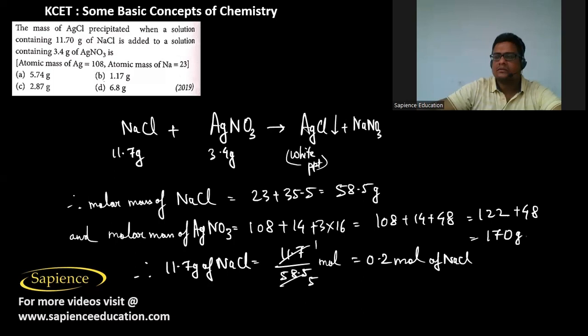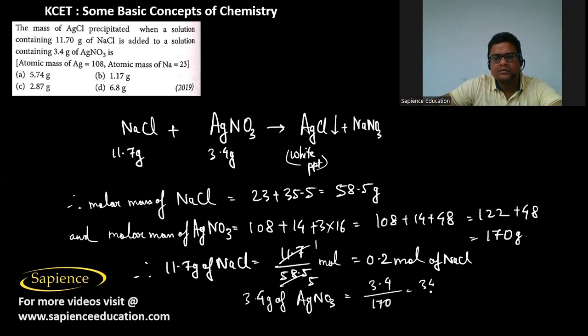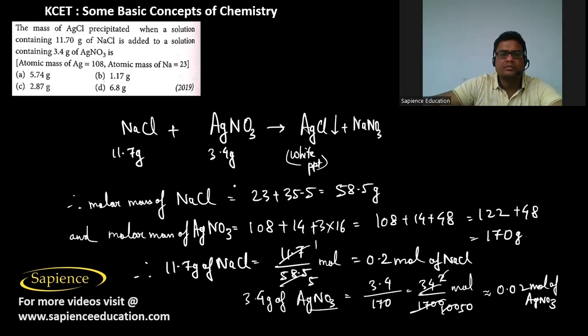And 3.4 gram of AgNO3 is 3.4 divided by 170, that is 34 by 1700 mole, that is 1 by 50, approximately 0.02 mole of AgNO3. So it means that AgNO3 is the limiting reagent.